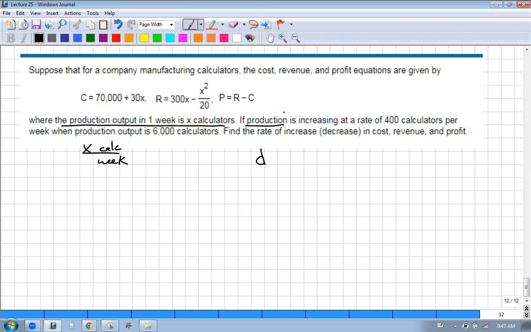Which one is production now? Production is increasing at a rate of 400. I don't want to use P for production because that's profit. So again, this is a problem like the cells. I don't know what they mean by production here. Which variable is that?